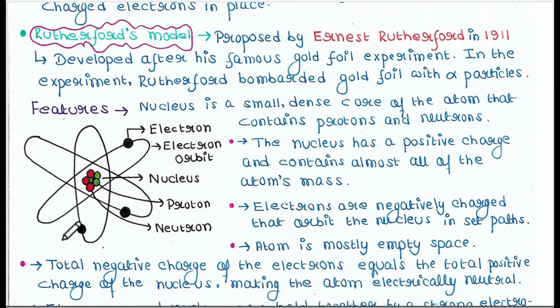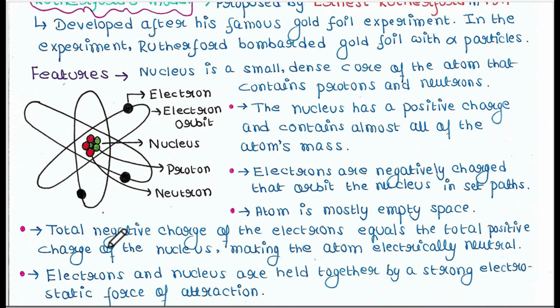The total negative charge of the electrons equals the total positive charge of the nucleus, making the atom electrically neutral. So here we can see in this picture there are 3 electrons. So 3 electrons give minus 3 charge. And in the nucleus there are 3 protons.